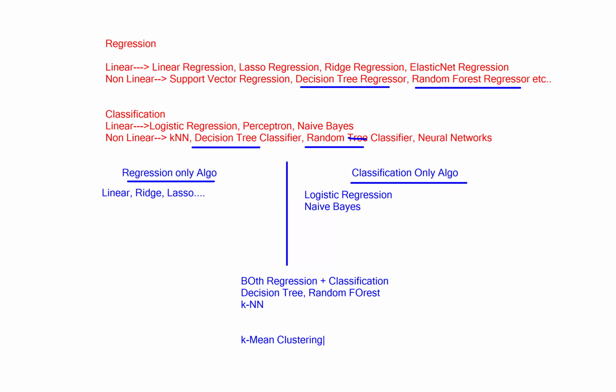Okay. So this is the whole overview about regression algorithms, classification algorithms, regression only algorithms, classification only algorithms, and algorithms which fall under both categories, regression as well as classification.